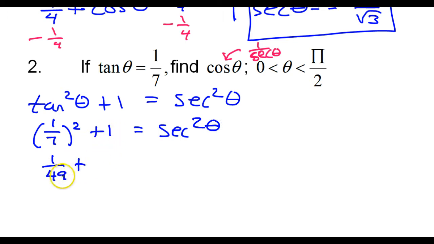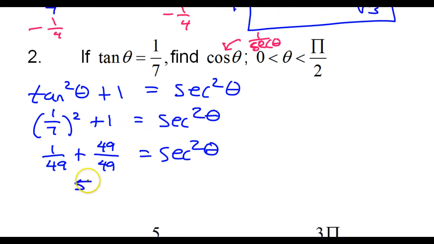I need a denominator 49, so just go straight to 49 over 49, which equals 1. So that's going to be 50 over 49. So I've got 50 over 49 is equal to secant squared theta.